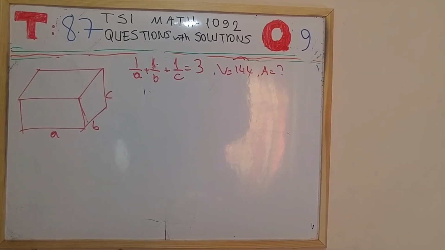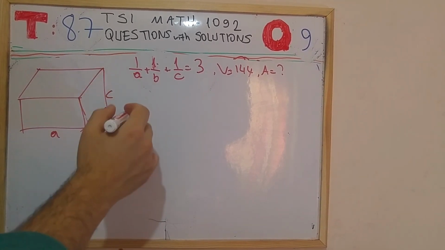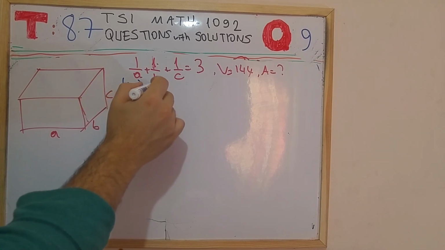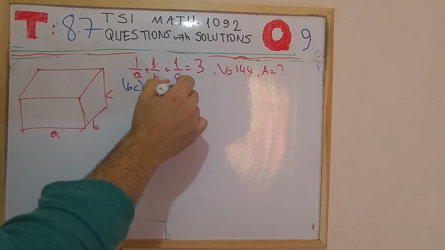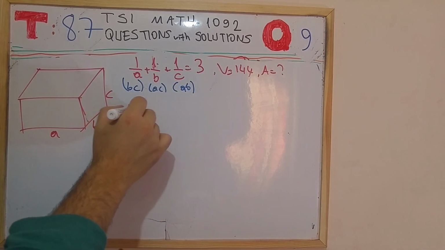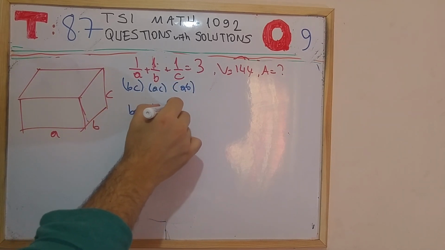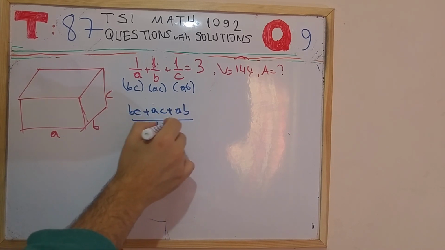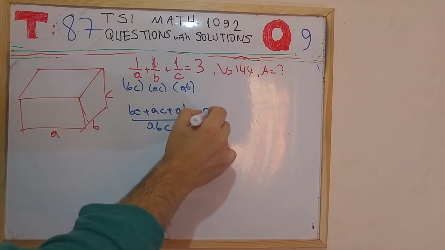Start by expanding the numerators so the denominators would be equal. So I have to expand this by BC, this by AC, and this by AB. Therefore, what I would have is BC plus AC plus AB over ABC is equal to 3.